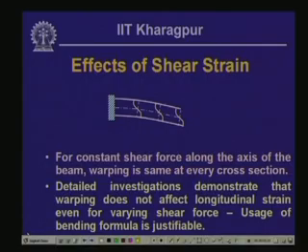Well, now let us look into what is the effect of the shearing strain on the longitudinal strain. Now, let us consider a cantilever beam again, the cross section of which is a rectangular one.